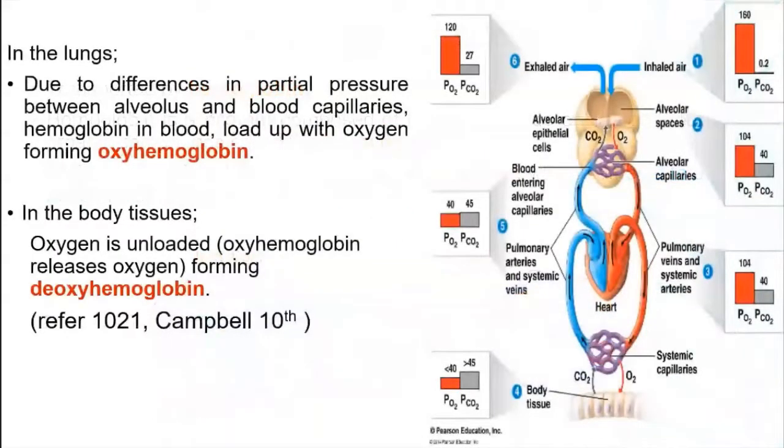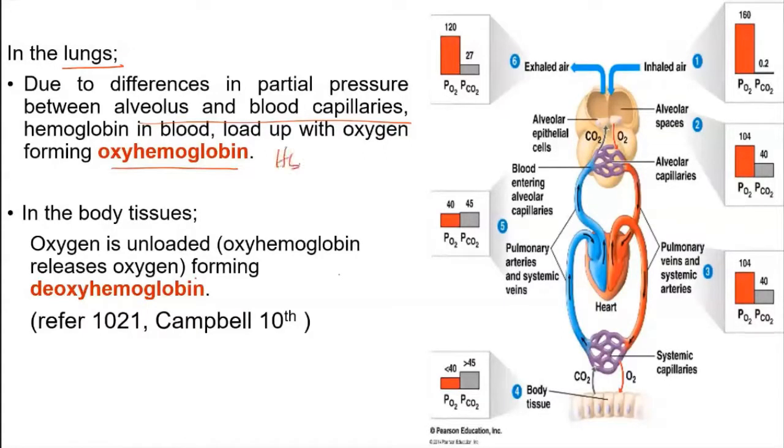Okay, so in the lungs, the explanation is the same, as long as you know the difference in the partial pressure of oxygen and also the carbon dioxide partial pressure in different parts of your body, in the lungs, in the blood capillaries, in your body tissues. Due to the difference in partial pressure between the alveolus and blood capillaries, hemoglobin in the blood will be loaded up with oxygen to form oxyhemoglobin.